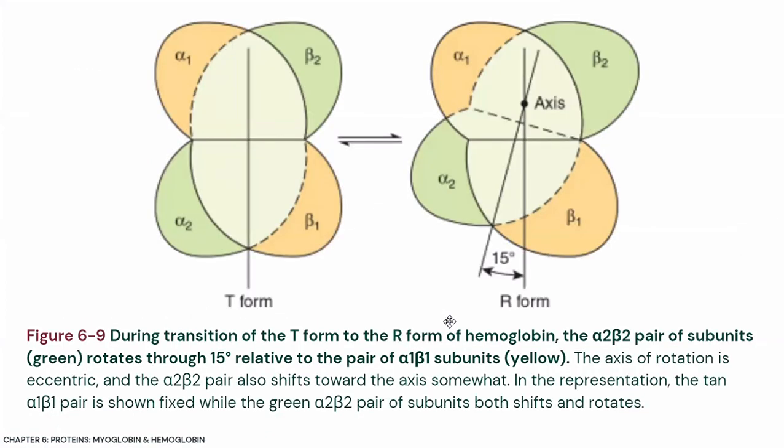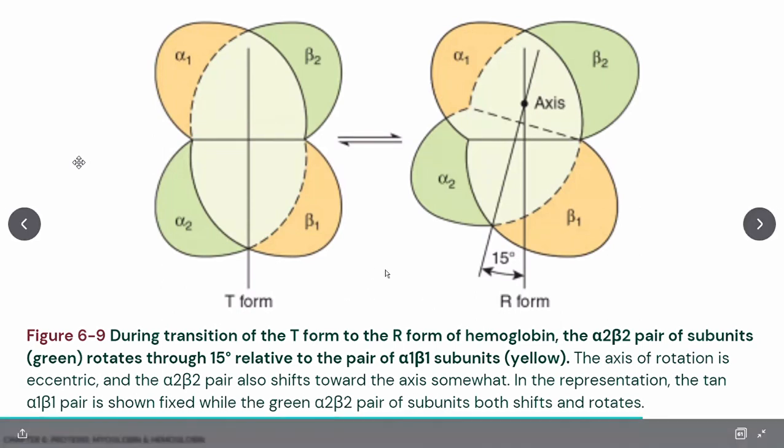Oh, this is what happens when an oxygen is bound to the iron. There is a movement. So this is alpha 1, alpha 2, beta 2, beta 1. So when oxygen binds to whichever, no, then there is a movement of 15 degrees.